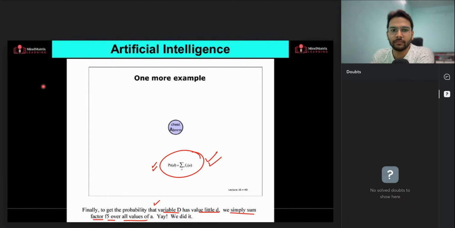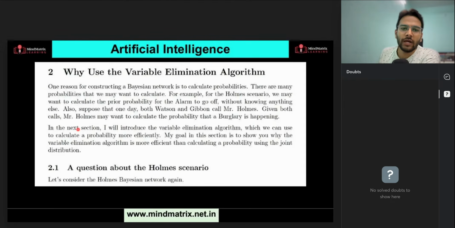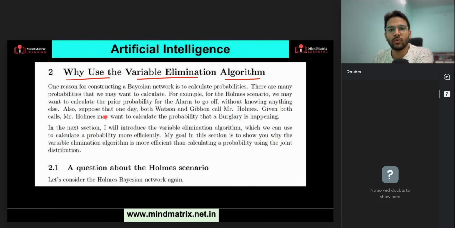Fine. Okay. So now the question is, why use the variable elimination algorithm? What is the benefit of this? One reason for constructing a Bayesian network is to calculate probabilities. Yes, there are many probabilities that we may want to calculate. Exactly true. For example, the Holmes scenario.